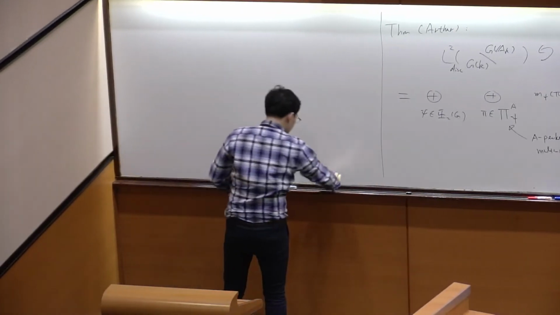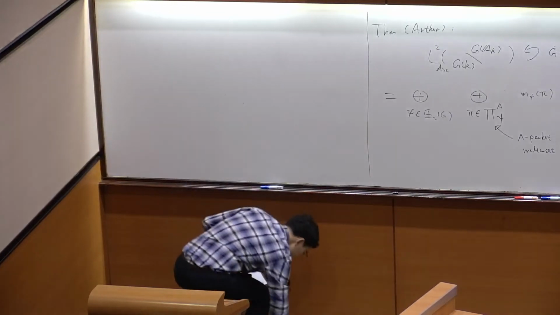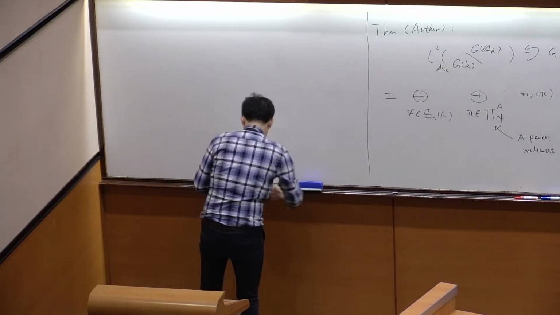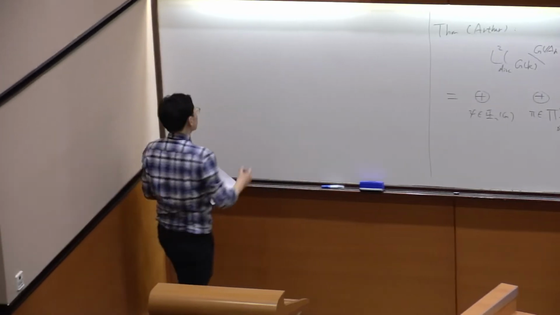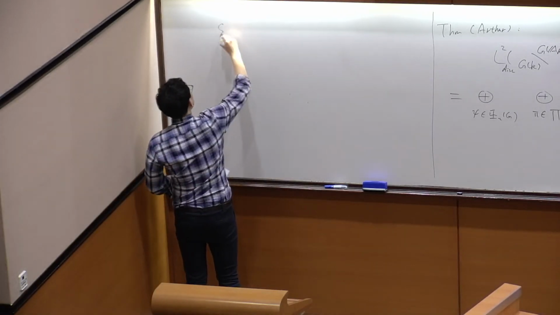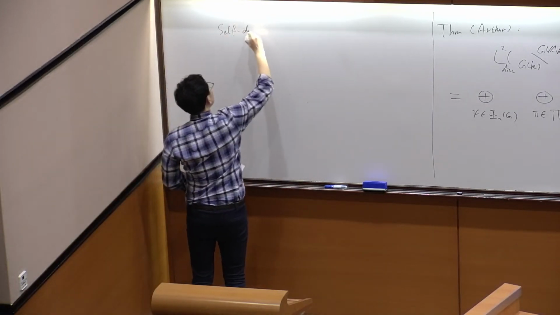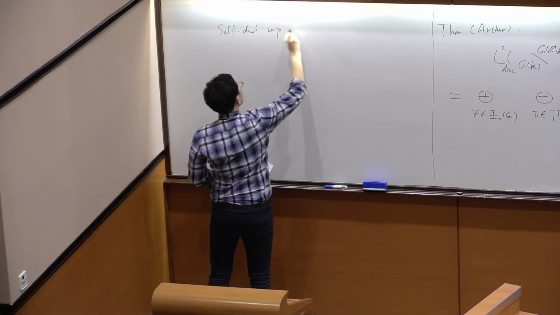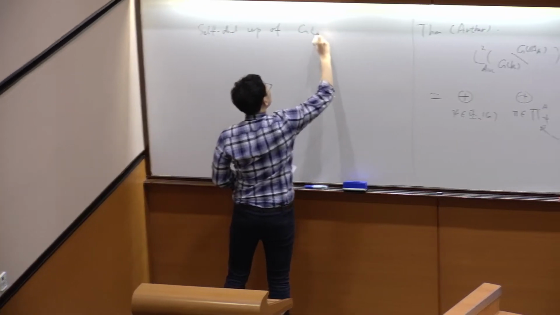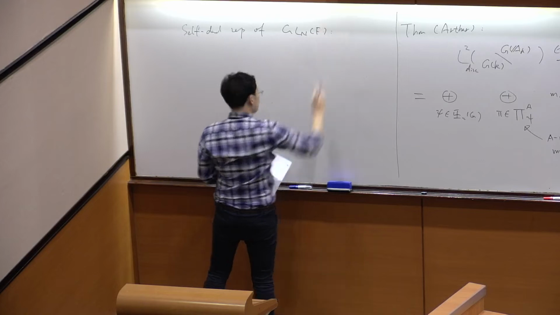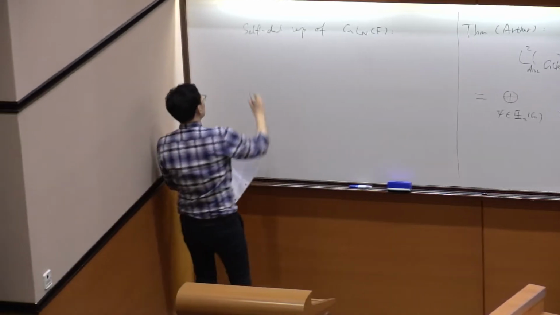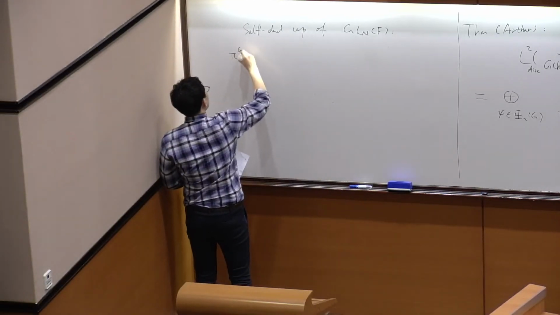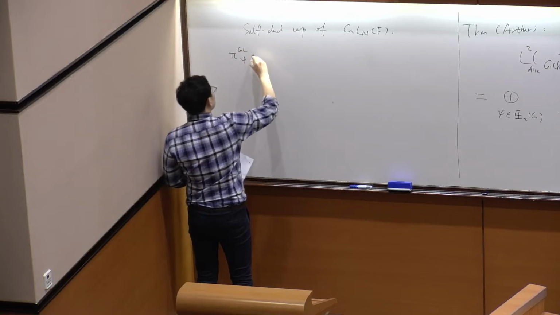But first, we can construct a self-dual representation of general linear groups, as follows. I'll denote this representation by pi sub GL sub psi.